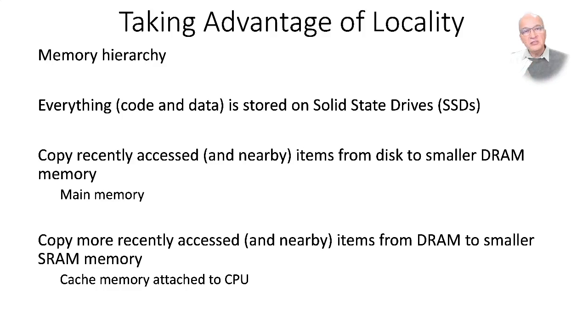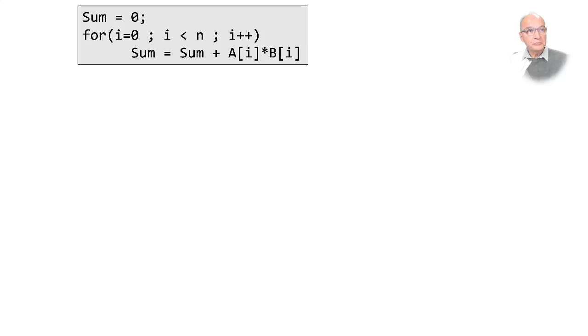When I go the second time around to execute the loop, I already have those instructions in the cache inside the processor, and I don't need to go back to DRAM or to the drives to get the data.